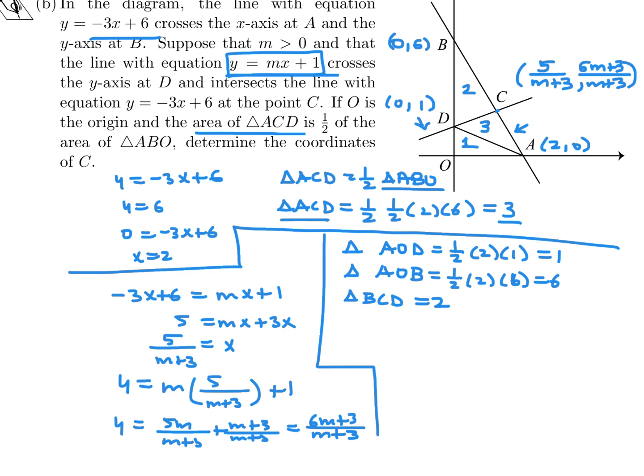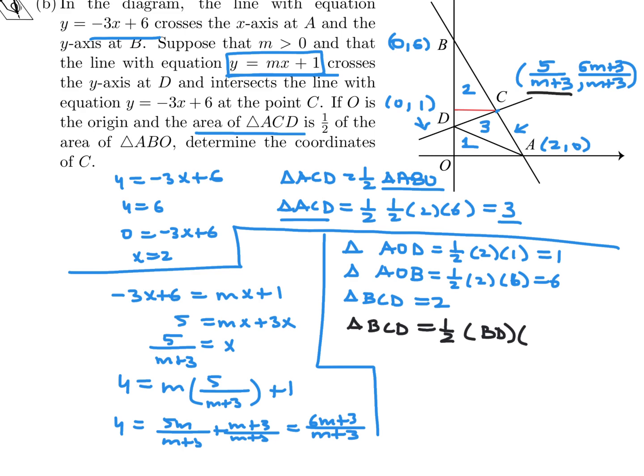Okay, and I think we got it. So now we just have to calculate the height. I'll just draw a little perpendicular line here. That red line represents the height of triangle BCD. So the area of BCD would be 1/2 base, where the base is BD, times the height, that red line, which is really the x-coordinate of C, correct?